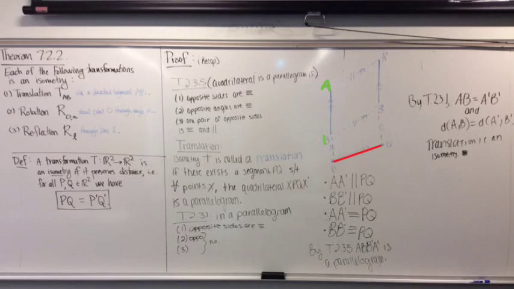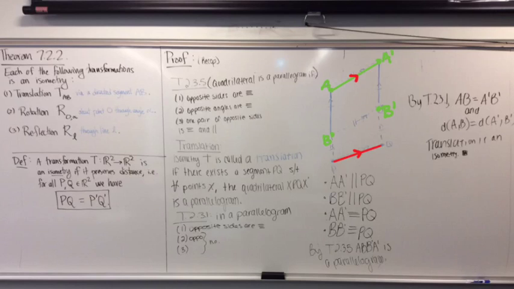So here's A, here's B. And then define their images under this translation, A prime and B prime, according to the definition of translation. The definition of translation states that the segment AA prime has to be congruent to, in the same direction as, and parallel to the segment PQ.